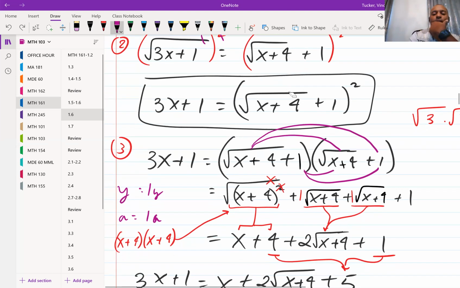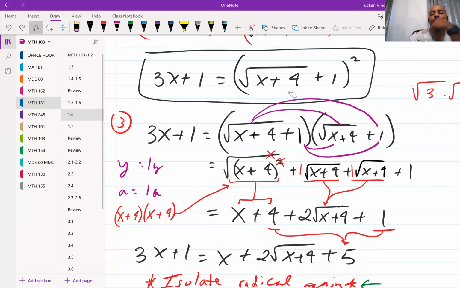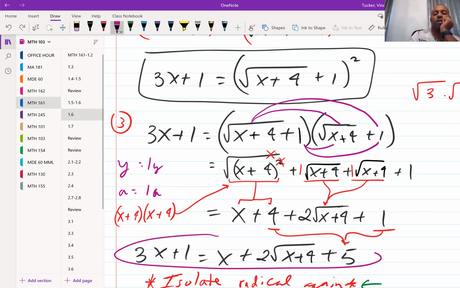We want to simplify it further. I can add that 4 and 1 to get 5. And so our most simplified way of expressing that is right here. 3x plus 1 equal to x plus 2 square root of x plus 4 plus 5.